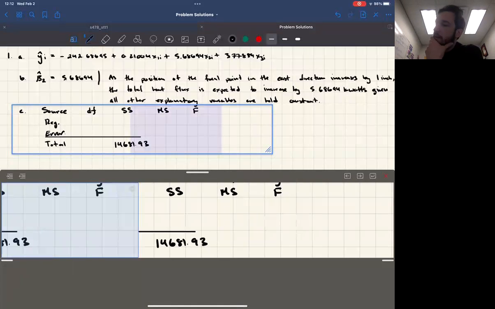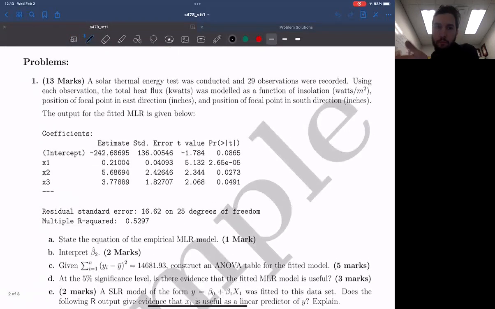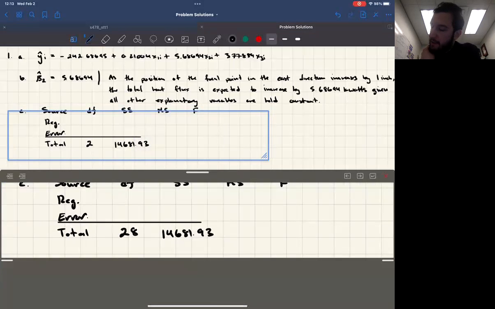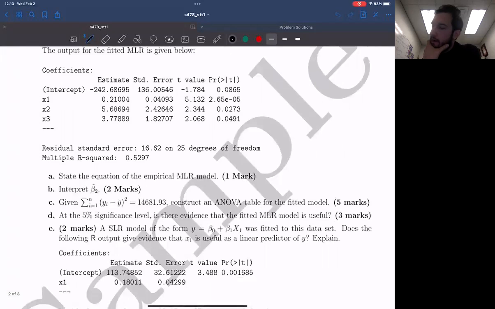Okay. Now, we're also given a few other pieces of information that we can plug in wherever we would like to. For example, we're told there's 29 observations. So given that we have 29 observations, that would mean the degree of freedom total is 28 because that's just n minus 1. So that's another easy one to pick off. Okay, what else do we have given to us directly? Well, we also have the residual standard error and the associated degrees of freedom.